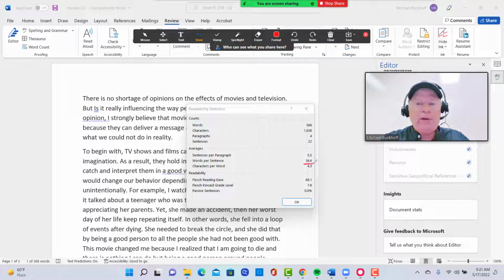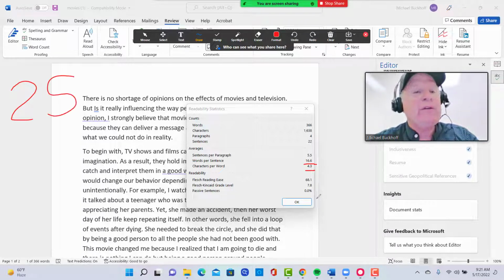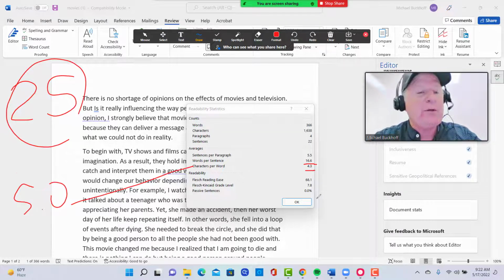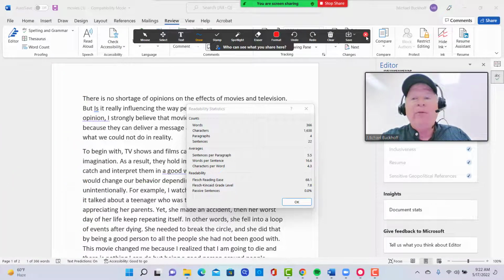So your words per sentence average is 16.6. Characters per word is 4.3. So that's actually pretty low. So I'm going to recommend that you try to get your average sentence length to 25 words, and then the characters per word, try to get that at about 5. So I think that is going to be a problem there.